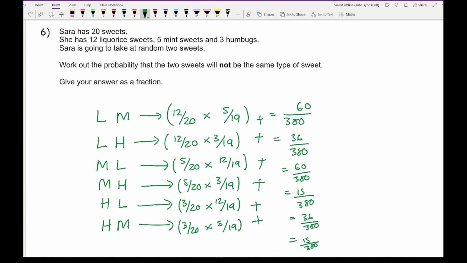And then all I then need to do is add up all of those fractions together. So I've got 60 plus 36 plus 60 plus 15 plus 36 plus 15. And that gives me 222 over 380, and that simplifies to give me 111 over 190, or as a decimal it will give me 0.58 to 2 decimal places.